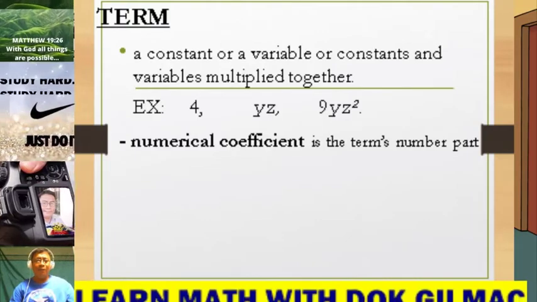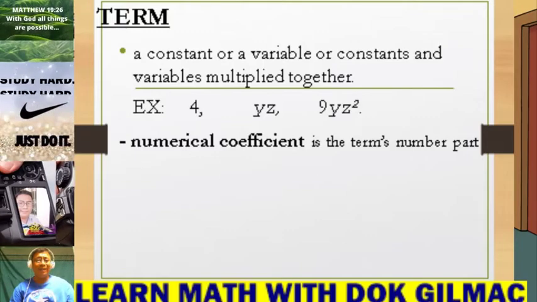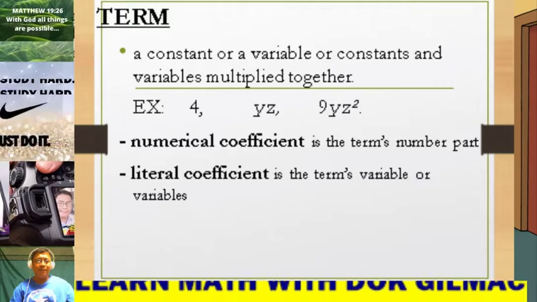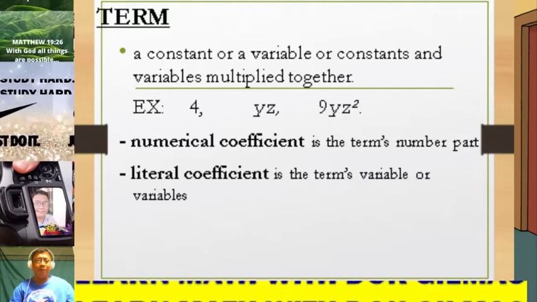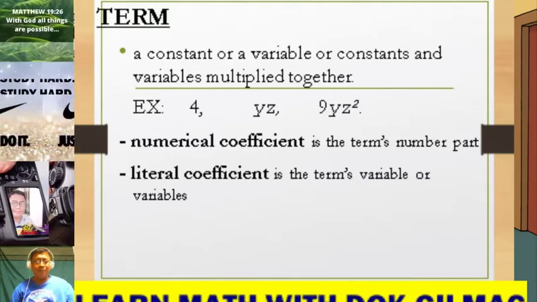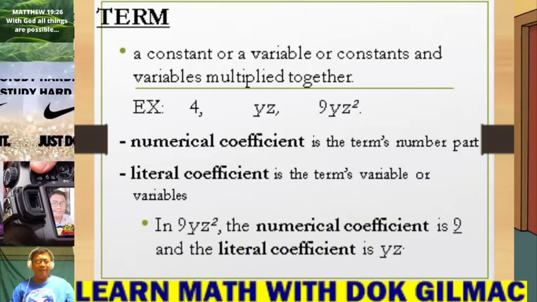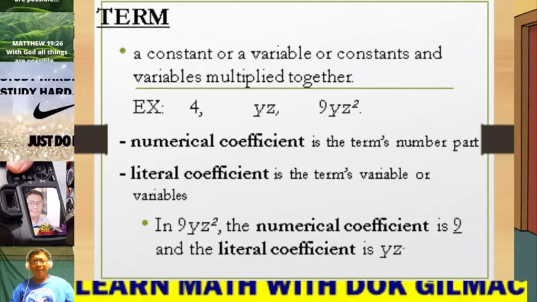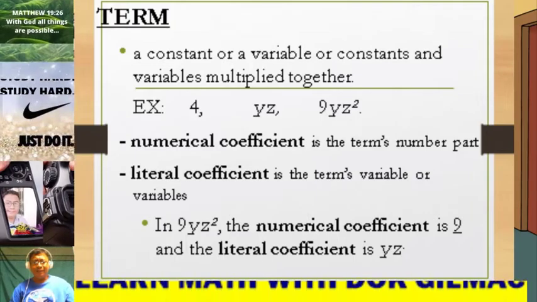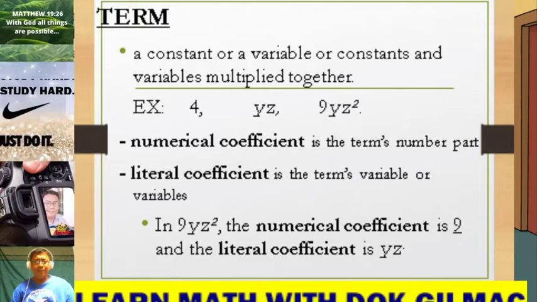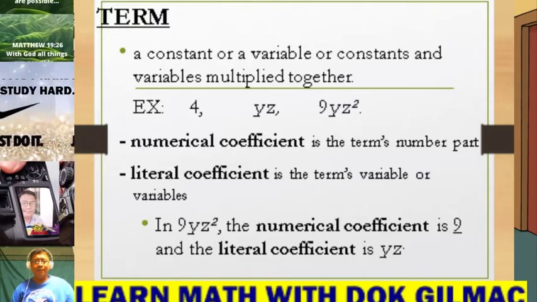The numerical coefficient is the term's number part, while the literal coefficient is the term's variable or variables. In 9yz squared, the numerical coefficient is 9 and the literal coefficient is yz squared.